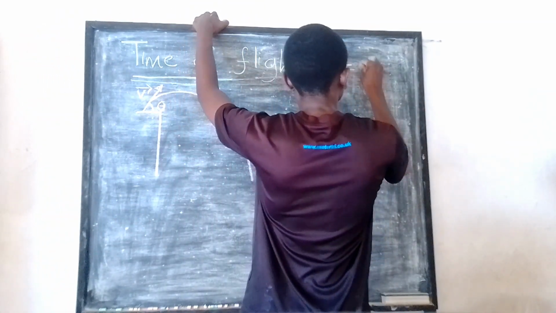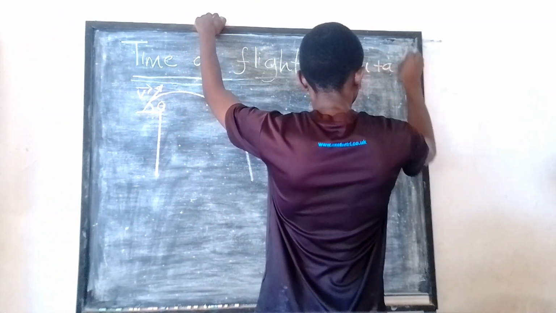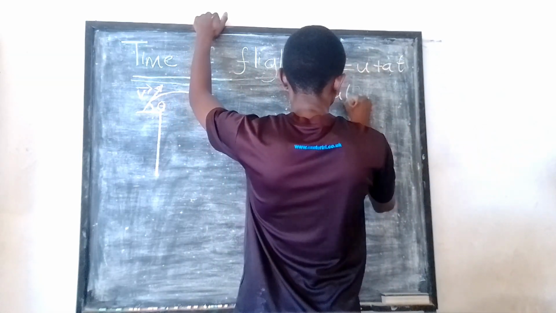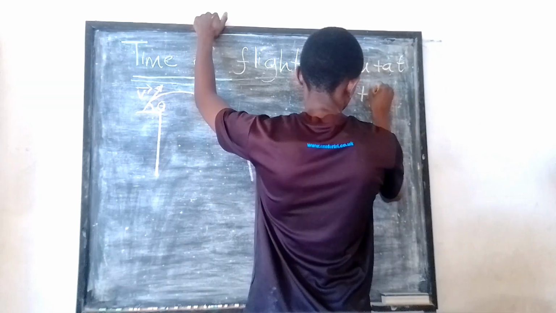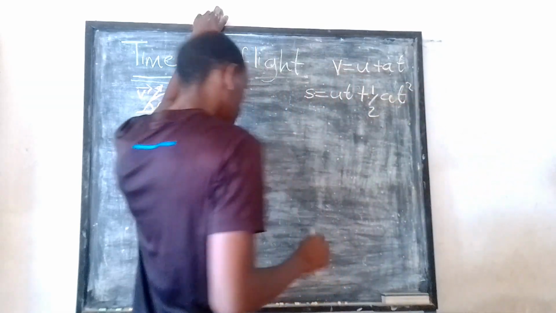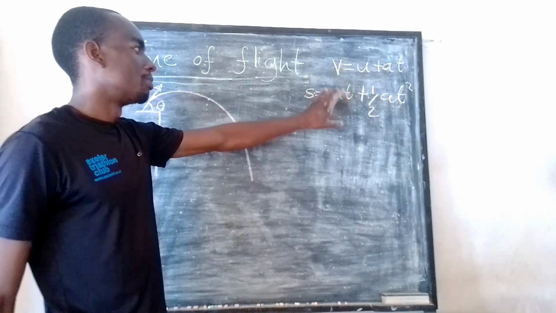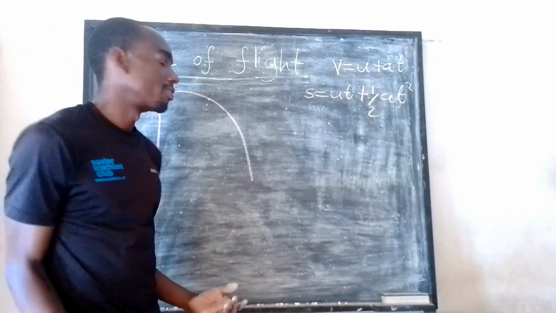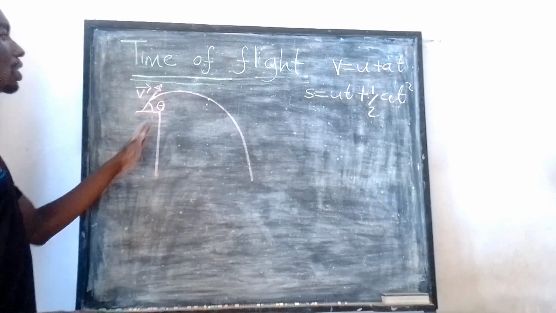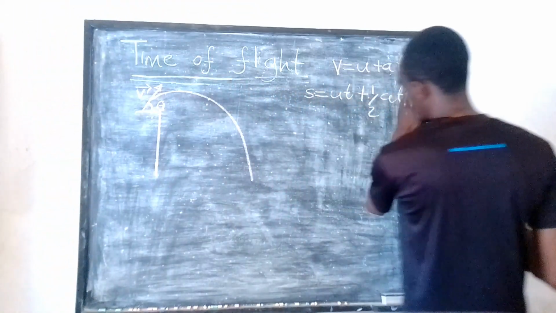V is equal to u plus at, and s is equal to ut plus half at squared. You still have to use these formulas, either of the two or both of them, depending on the scenario. Now, in the first case, this works like magic.